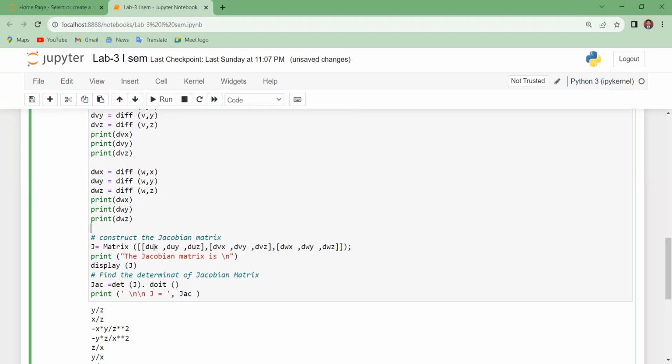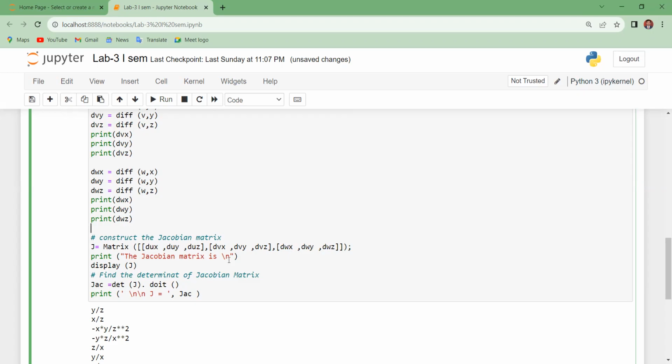This represents the first row, comma. Another box bracket dvx comma dvy comma dvz. This represents the second row, comma, and lastly another box bracket dwx, dwy, dwz that represents the third row. Then print the Jacobian matrix is.